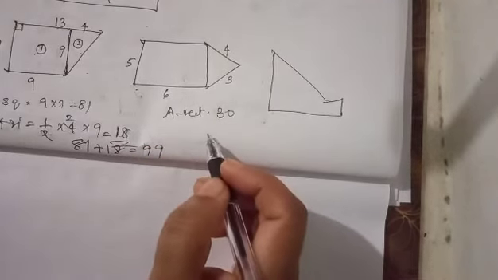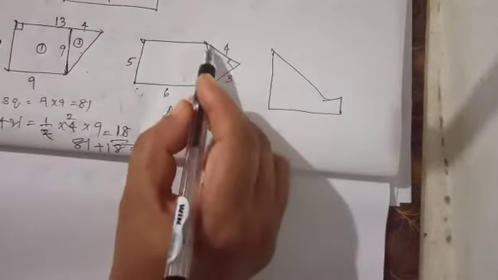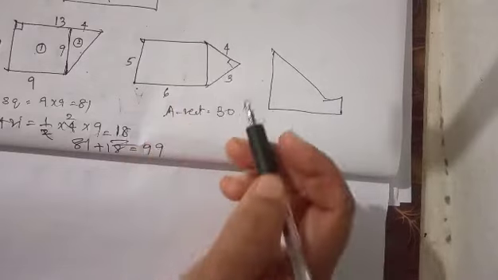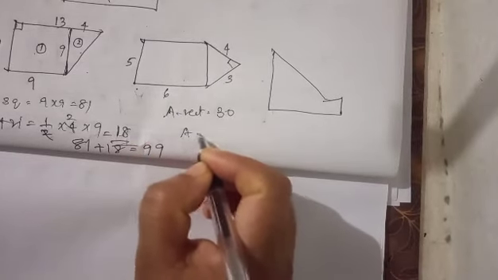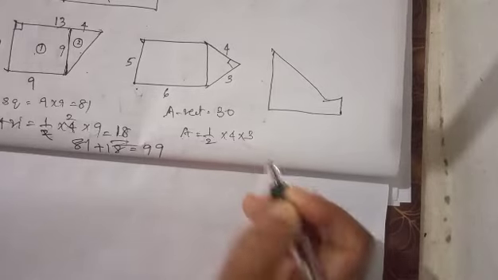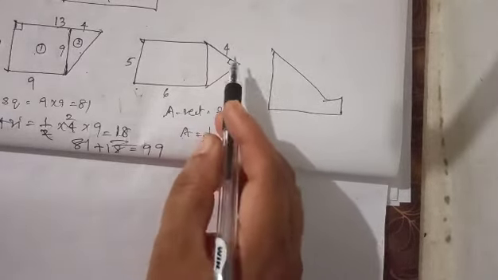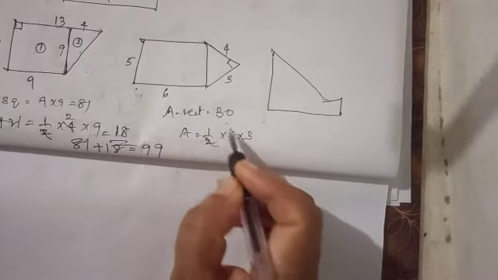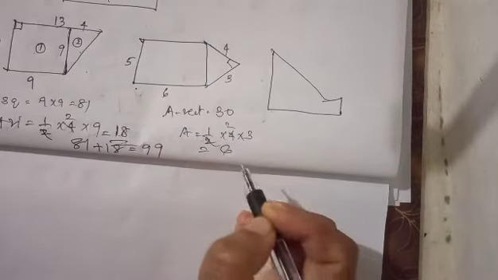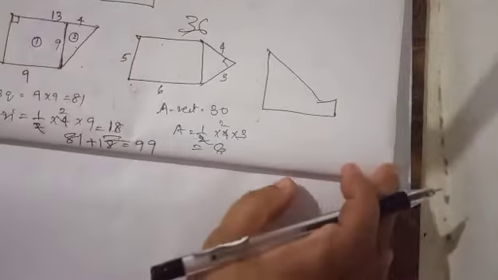The area of the triangle: a right angle triangle is given, so 4 is its height. The area of a triangle is half base into height. One of them you can consider as base, the other is height, because it is a right angle triangle. Then cut the 2: 3 twos are 6. 30 plus 6, total is 36.